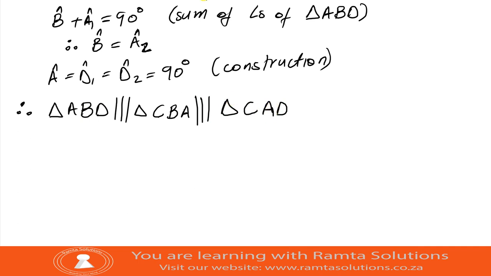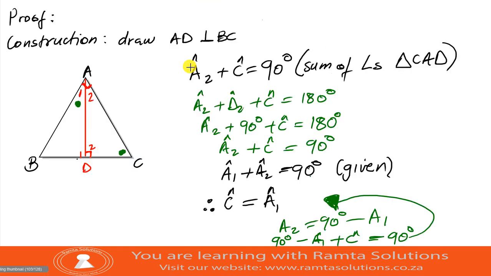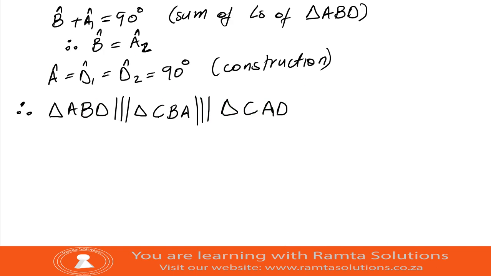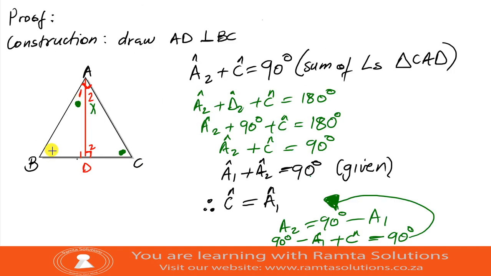Now, what did we say about this one here? What we had said as well was that angle A2, let me change the color, angle A2 was equal to angle B. Do you see this?